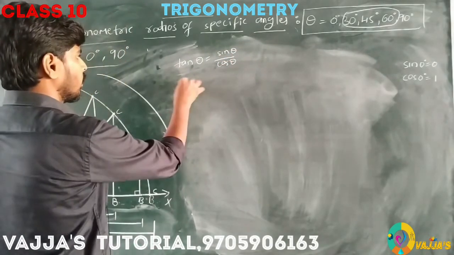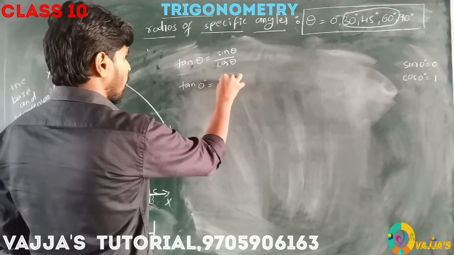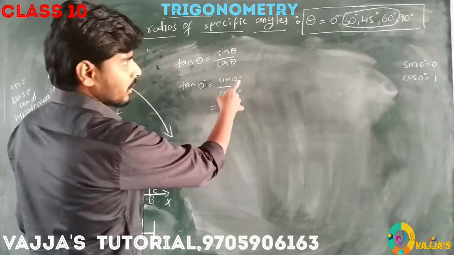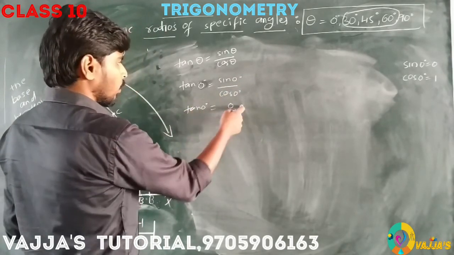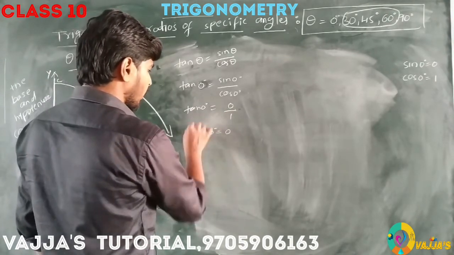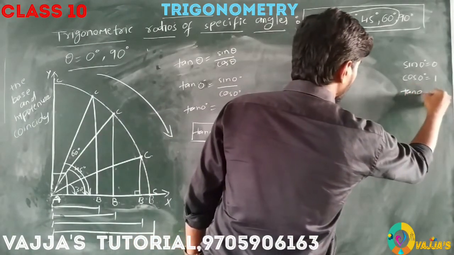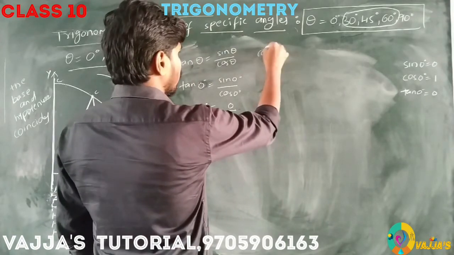By this formula, tan 0 degrees is equal to sin 0 by cos 0. Sin 0 value 0, cos 0 value 1. So finally 0 by something is 0, tan 0 value becomes 0. Write down here tan 0 equals 0.